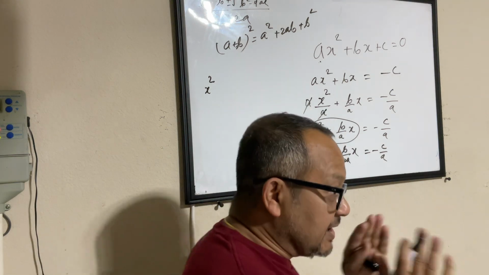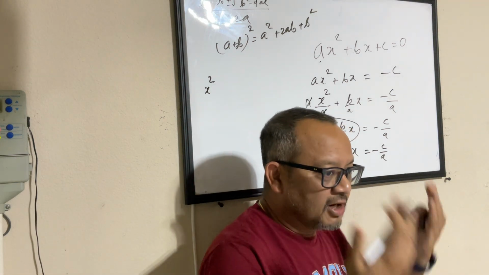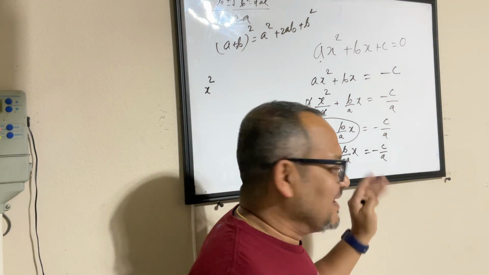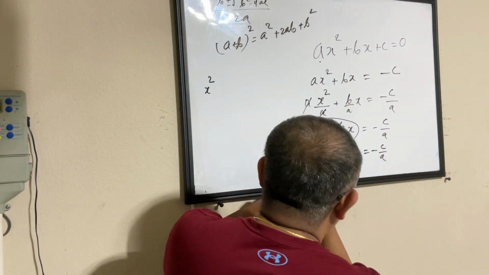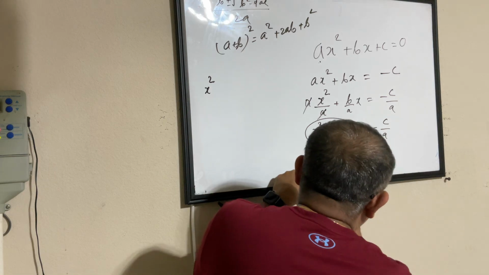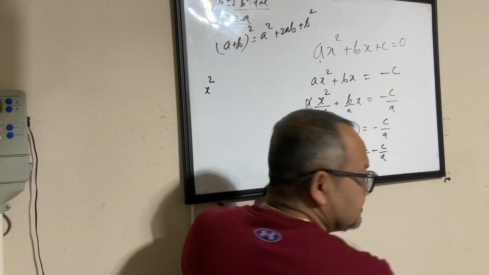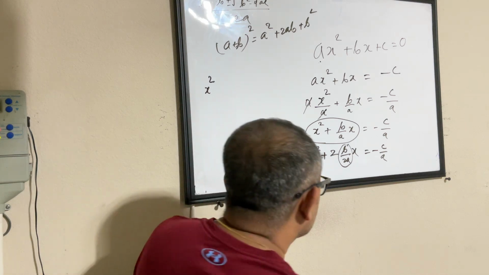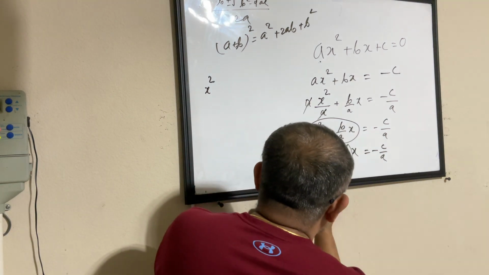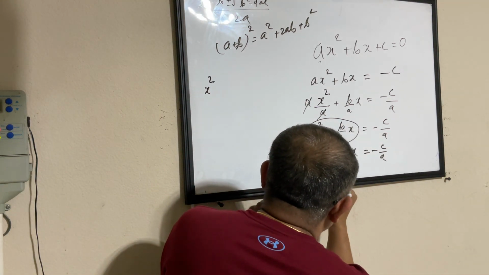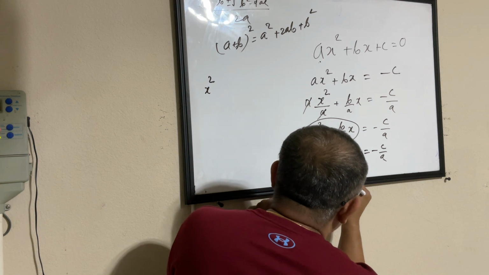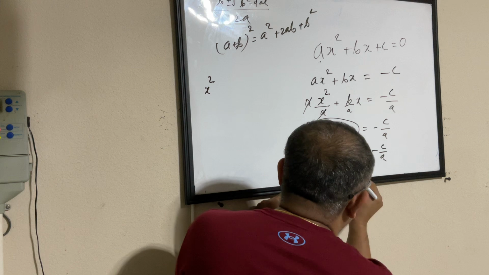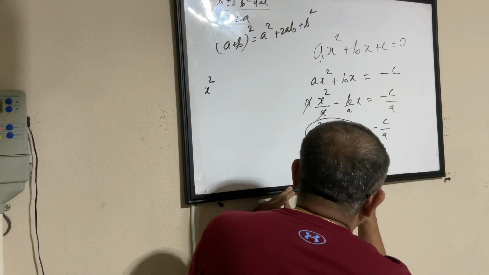Now look at this. I am getting into some shape right now. This equation: I have a squared plus 2a, and this is probably my b, if I am comparing it to this equation. So if this is my b, then what I will do is x squared plus 2 into x into b by 2a, and let's add the square of this one.